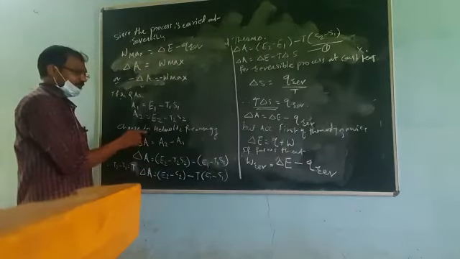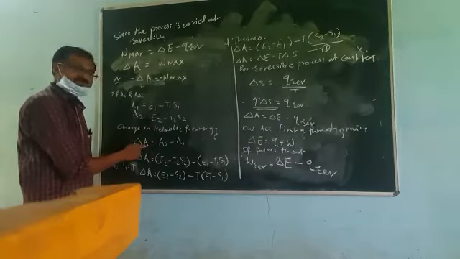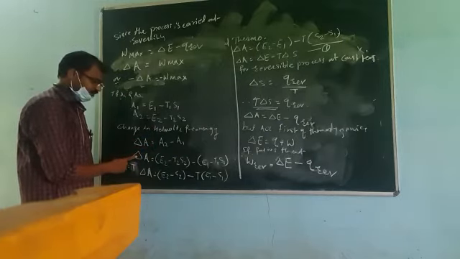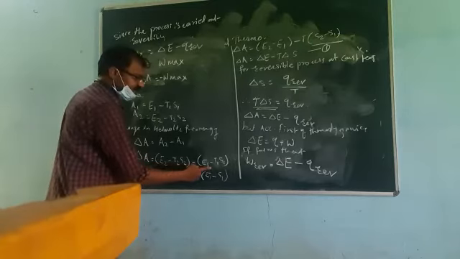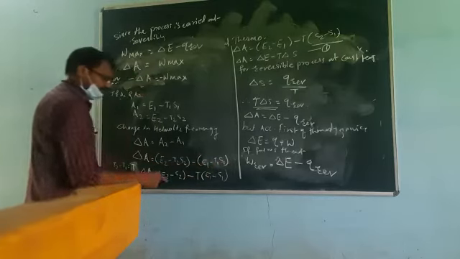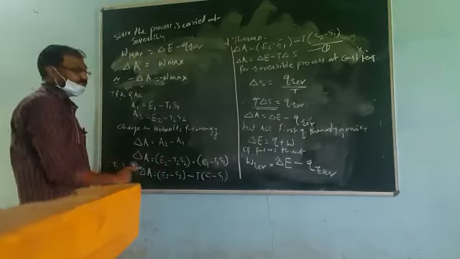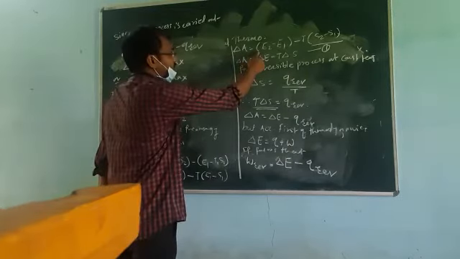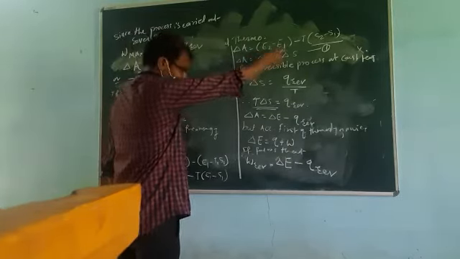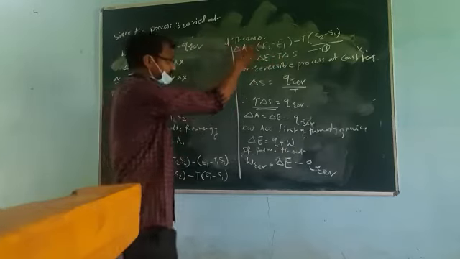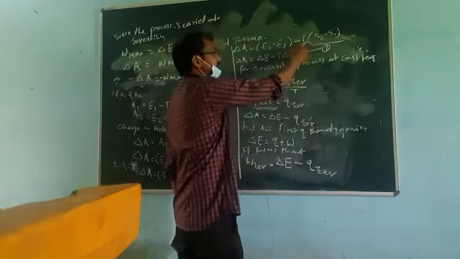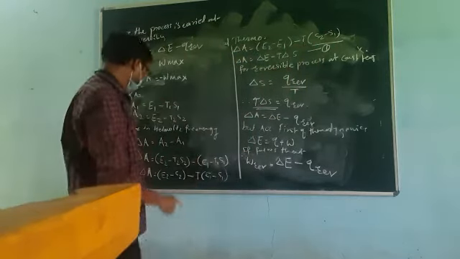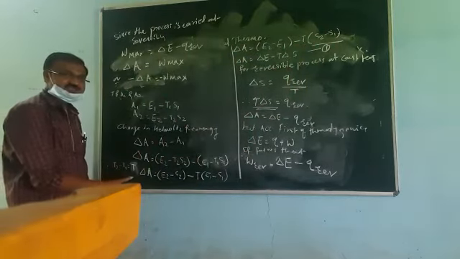Put the values of A1 and A2 in this equation, then delta A is equal to E2 minus T2 S2 minus E1 minus T1 S1. Simplifying directly, delta A is equal to E2 minus E1, energy on one side and entropy on the other side, minus T, where T2 minus T1 is T.